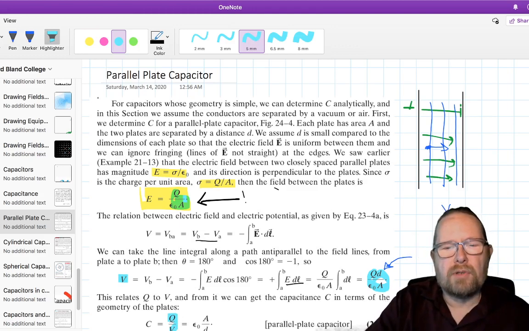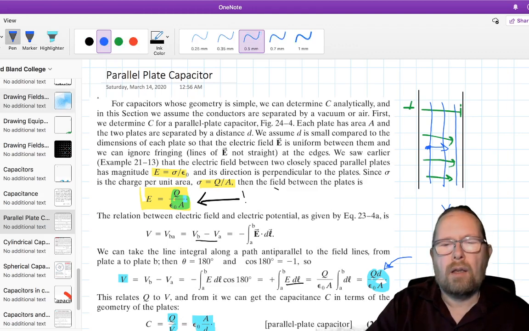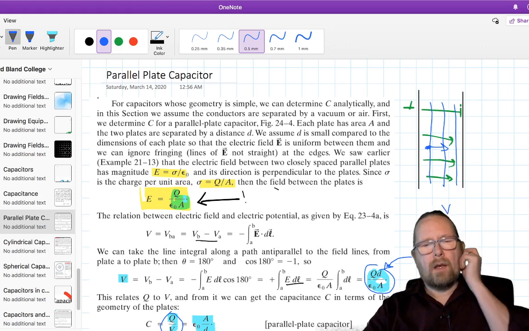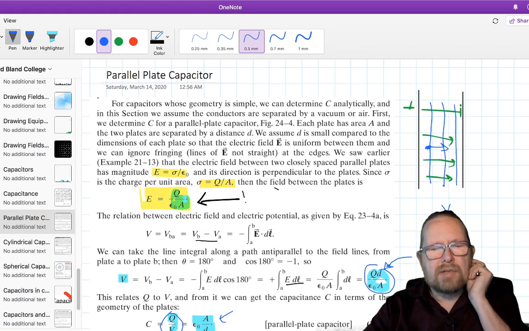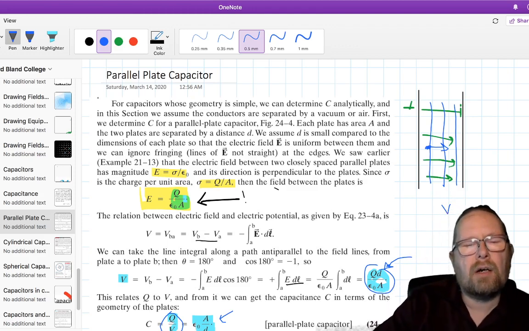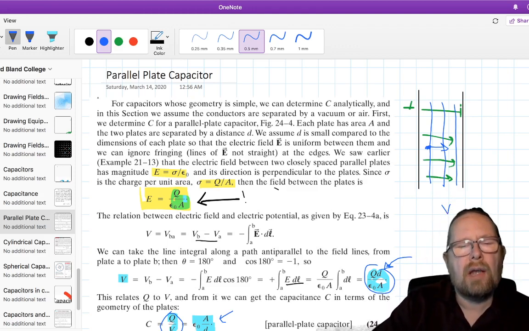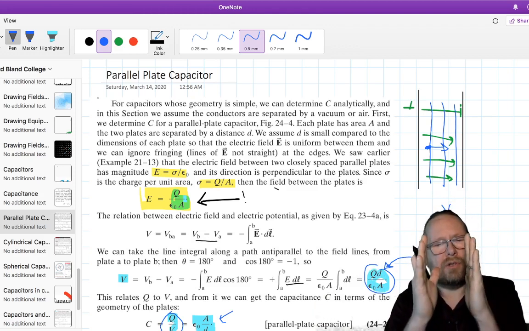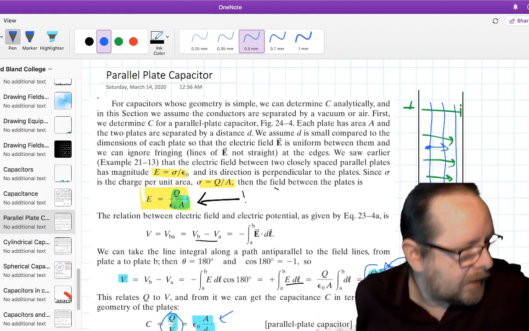Since the potential difference is just QD over epsilon naught A, we can write that the capacitance of a parallel plate capacitor is equal to epsilon naught A over D. That's just combining this expression here with this expression here, plugging this in for V. What this tells us is that the capacitance of a parallel plate capacitor depends only on its geometry. It depends on its surface area, and it depends on the physical separation of those two plates, D.